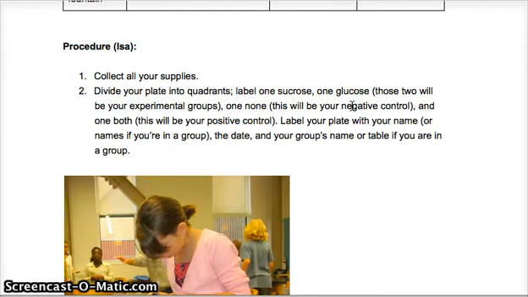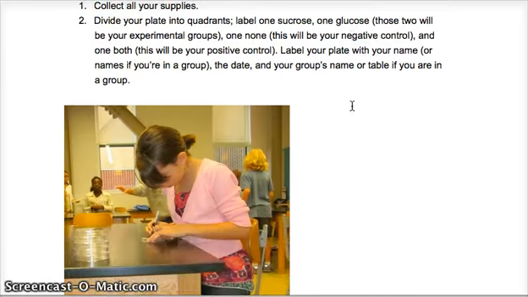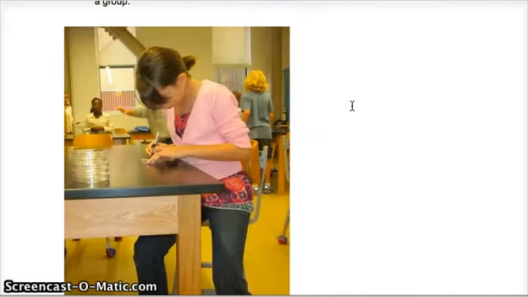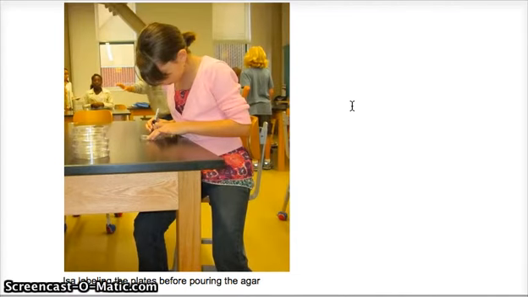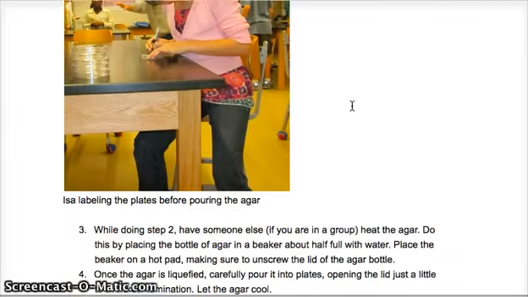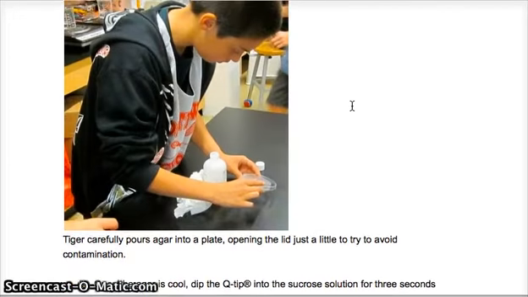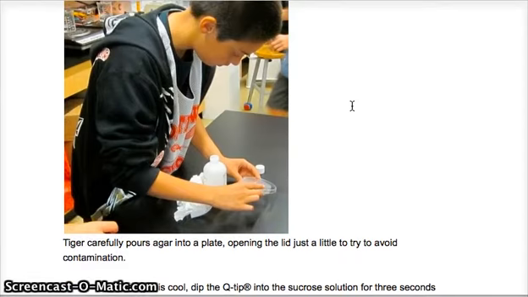In the procedure, we just wrote down all the steps. It was actually pretty simple. There are also pictures, as you can see. This is Issa labeling the plates before pouring the agar into them. And then this is me pouring the agar into the plate, and I'm trying to avoid contamination by opening the lid just a little.